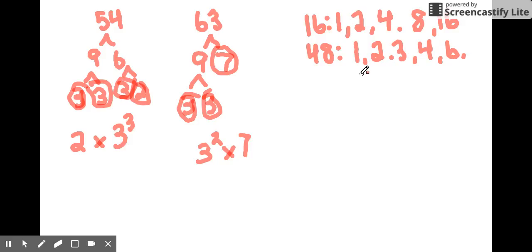I'm going to have to start down here. 8, yes. 9, no. 10, no. 11, no. 12, 13, no. 14, no. 15, no. And then 16. So making the list sometimes takes a little bit longer, but you should be able to stop here and see that they both have a 16 in common. So your greatest common factor is 16. And if you think about it, 16 goes into 16 one time, and 16 will go into 48 three times.